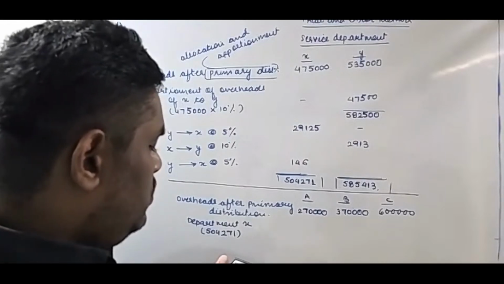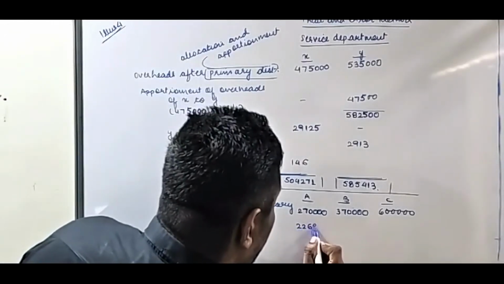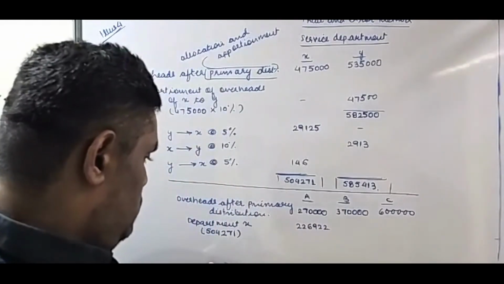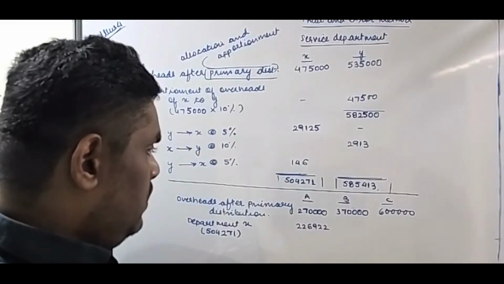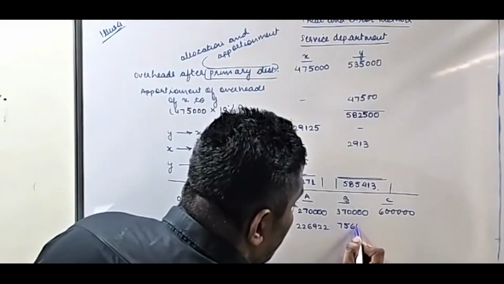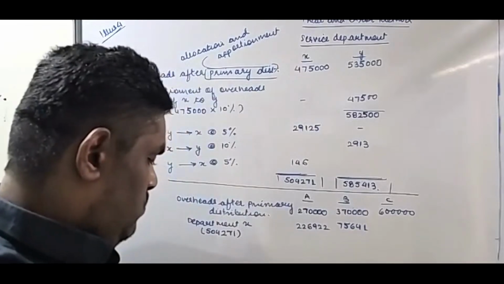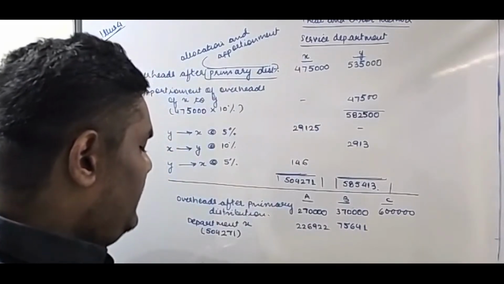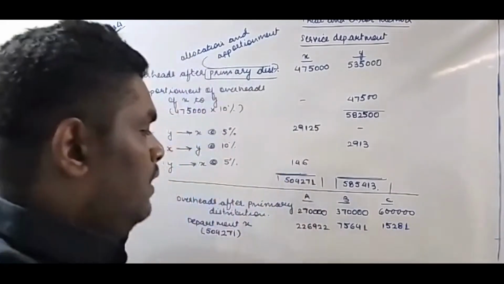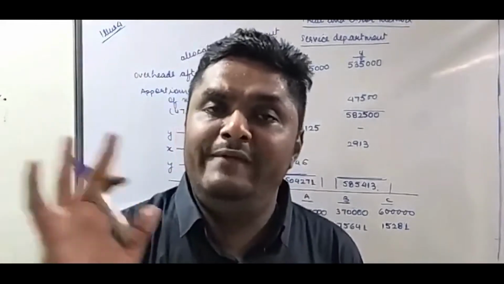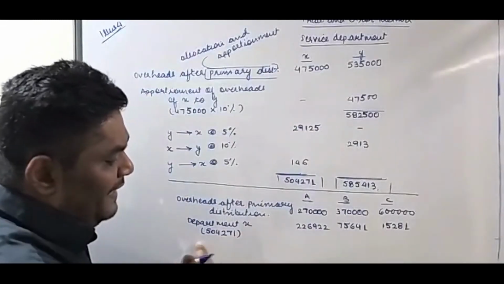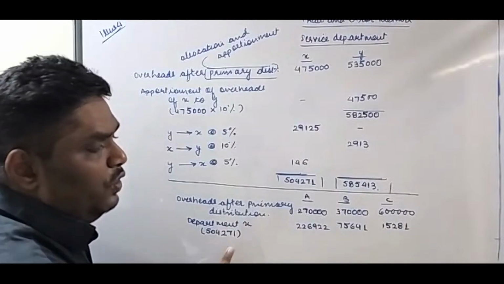So 226,922. 15% goes to B, that is 75,641, and 151,281. Now the remaining 10% is already distributed to Y, so we have to ignore the 10% part. So 45% of 504,271, 15% of 504,271, and 30% of 504,271.